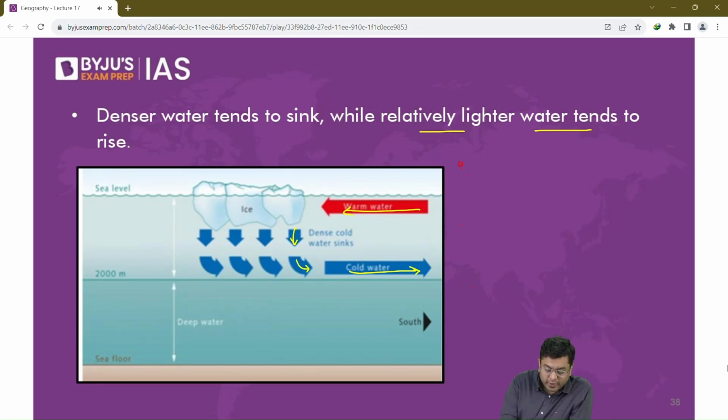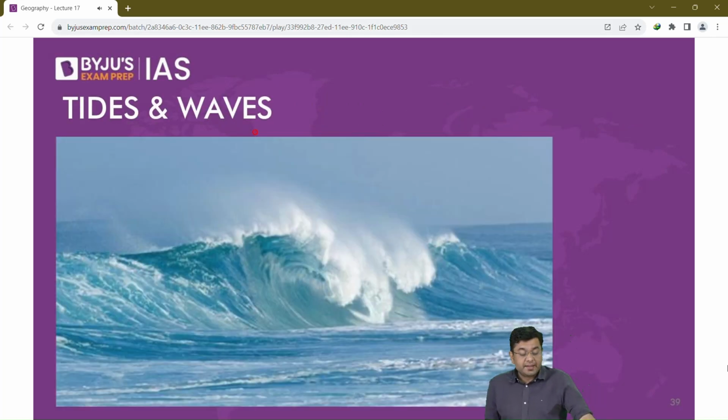So that dense water will then sink. It will move as cold water towards the low latitudes. So on the surface, low latitude. This is higher latitude. This is what is referred to as the thermohaline circulation.